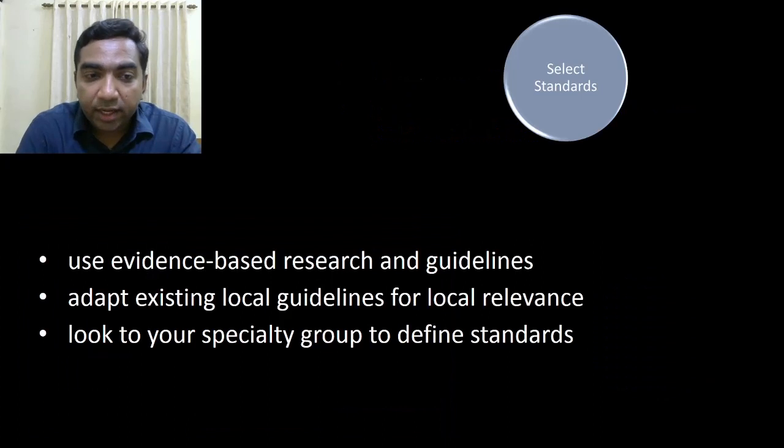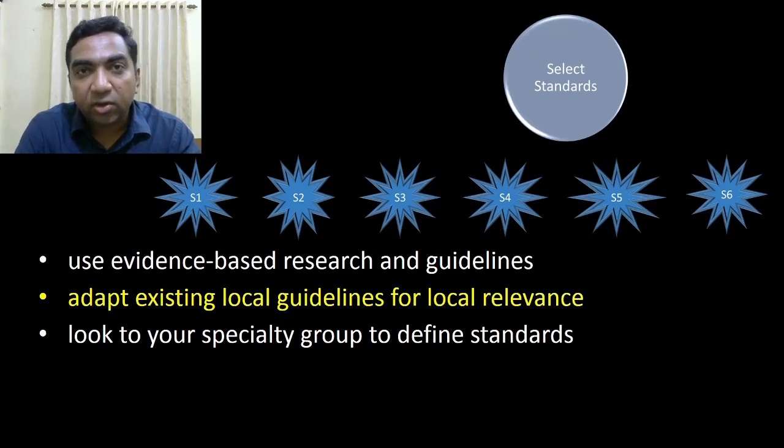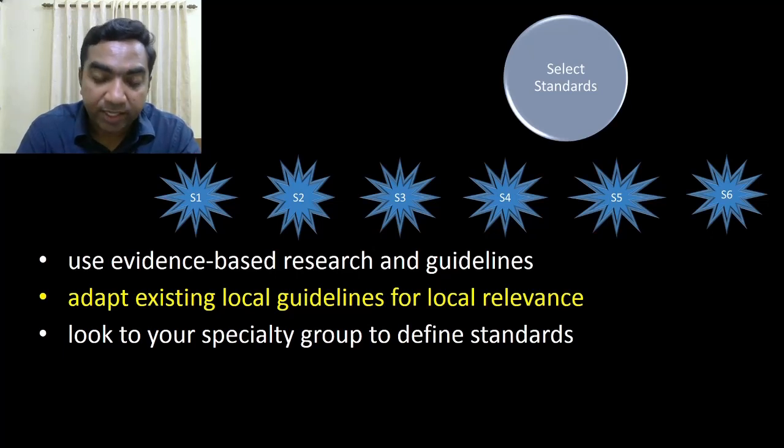The next method is to adapt existing local guidelines for local relevance. Suppose we can see what is happening in the other surgery units, what their complications are, and based on that we can understand where we stand. So these are the different methods by which we select the standards: evidence-based, local guidelines, or the specialty group.